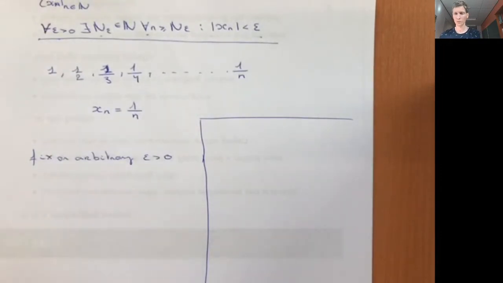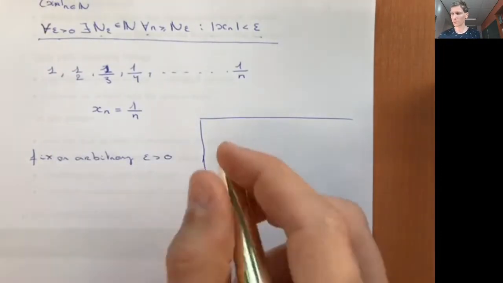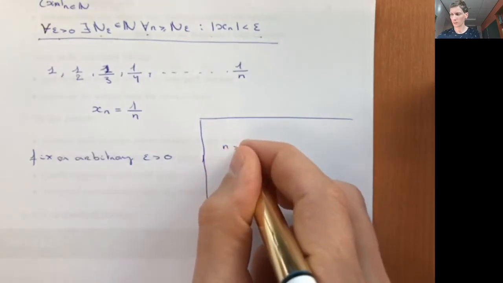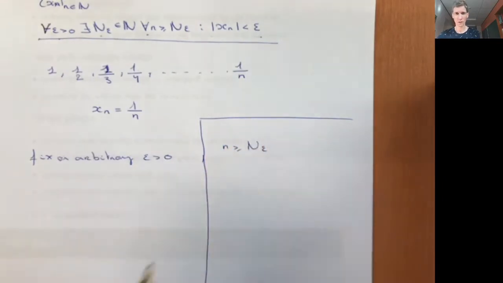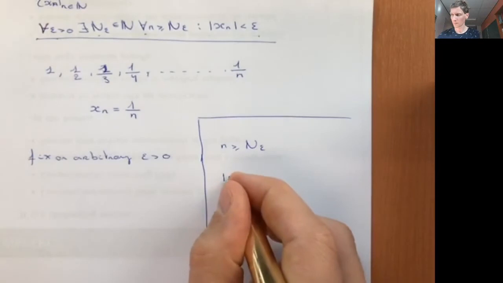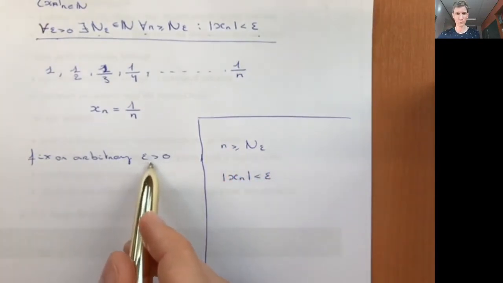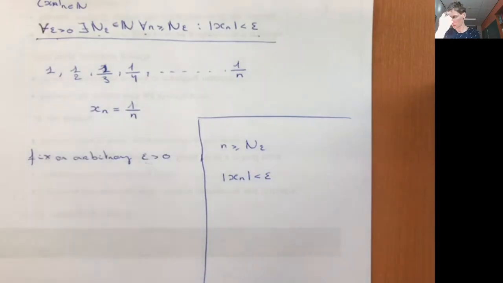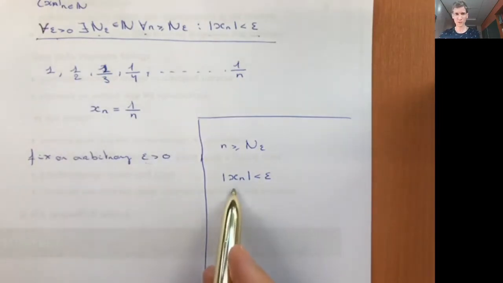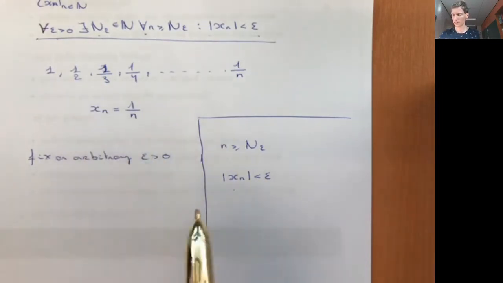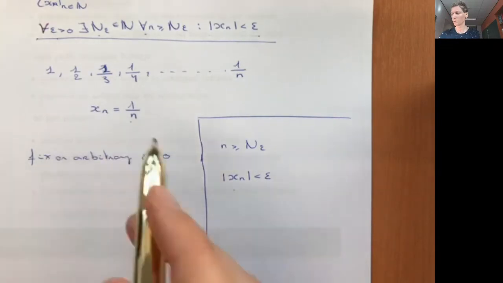So what's the idea? The idea is that we need a big N such that for any n greater or equal to this big N, |x_n| is smaller than this epsilon that we have chosen here. Well, we know that x_n is 1 over n.